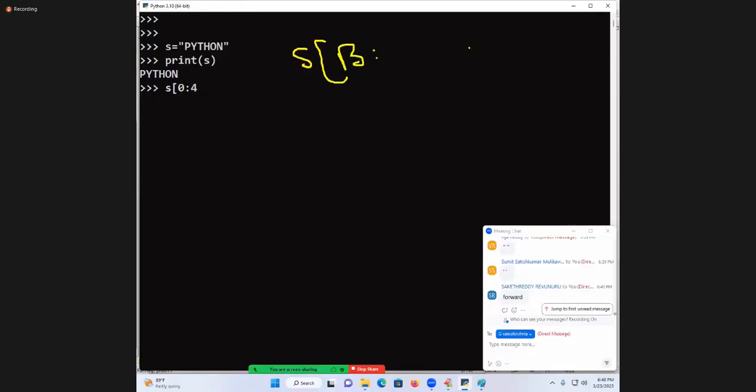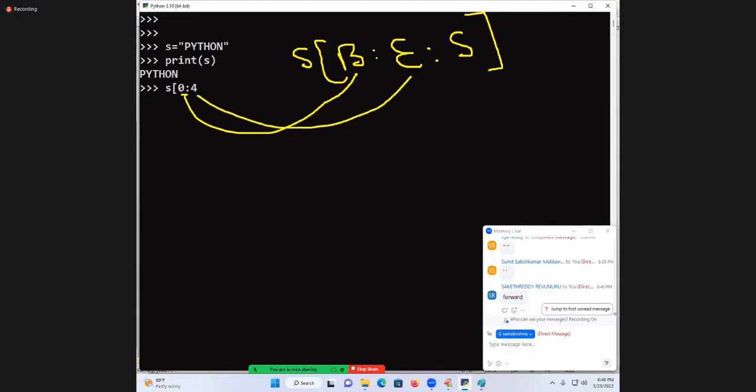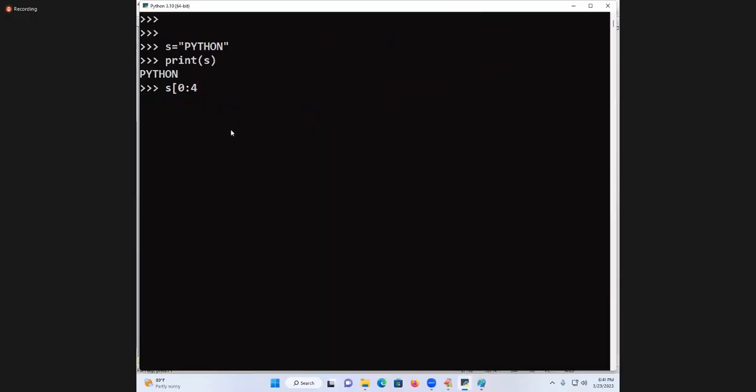Begin colon end colon. What is our step? What is 0? What is 4? What is not there here? When step is not there, what will be the value taken? 1. Is 1 positive or negative? Which direction? Forward direction.